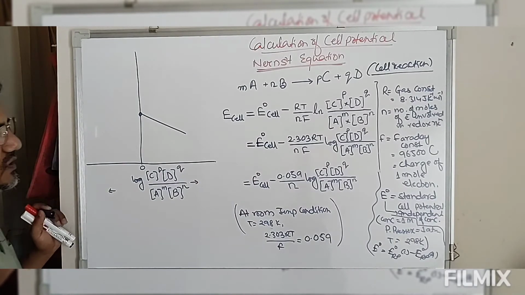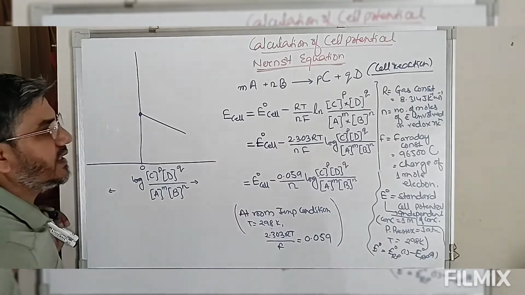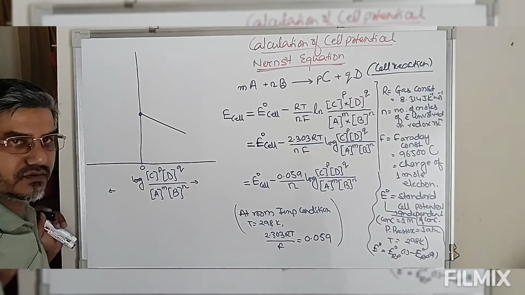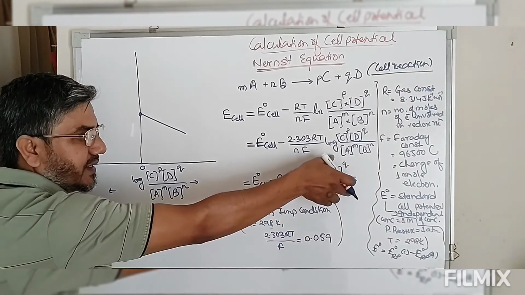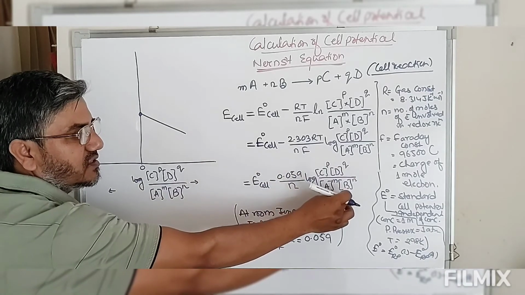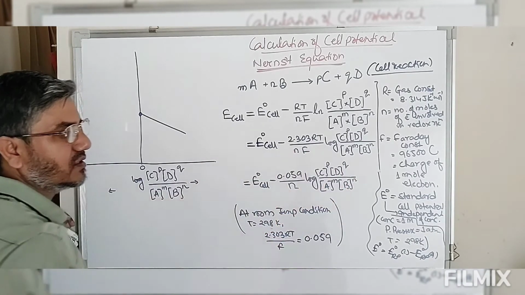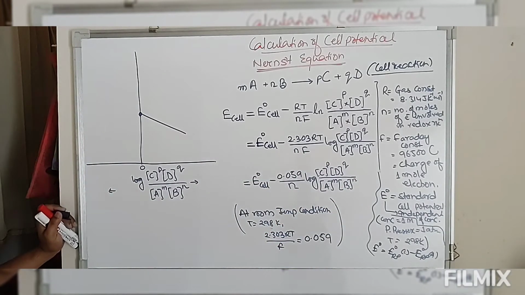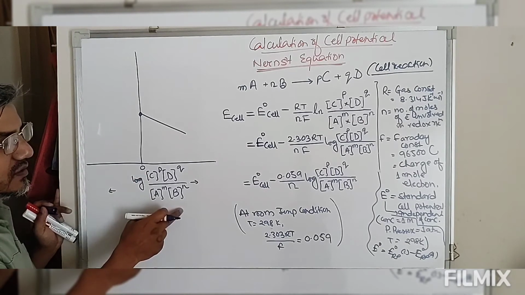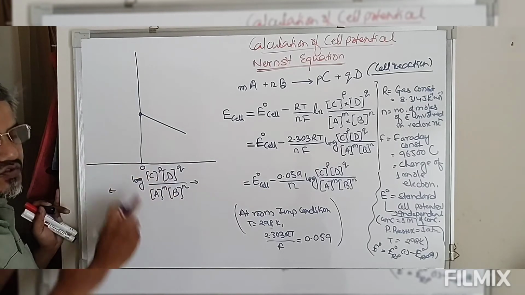But if this value comes out negative, then this becomes positive. Negative means this ratio is less than 1, which means the denominator should be greater. So this is the variation with the log of this concentration.